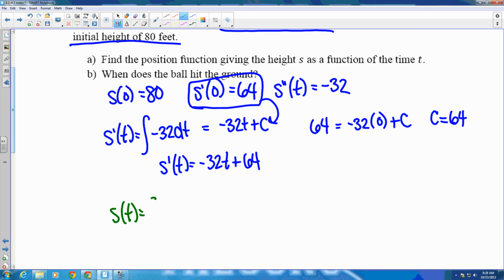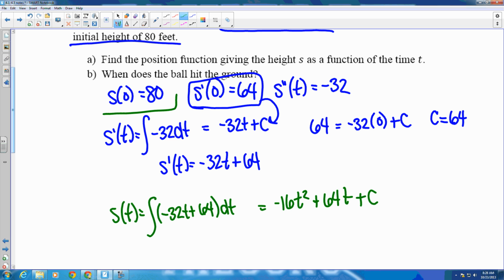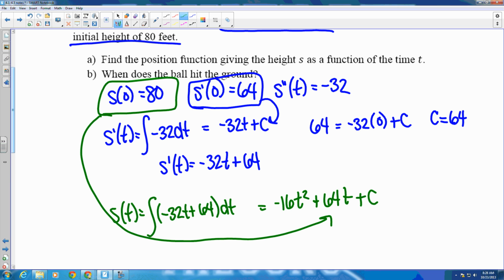It's the integral of the velocity. The integral of velocity is negative 16t squared, I already did the dividing there, plus 64t plus c. This time we're going to use the initial condition s of 0 equals 80 to find out what c is.